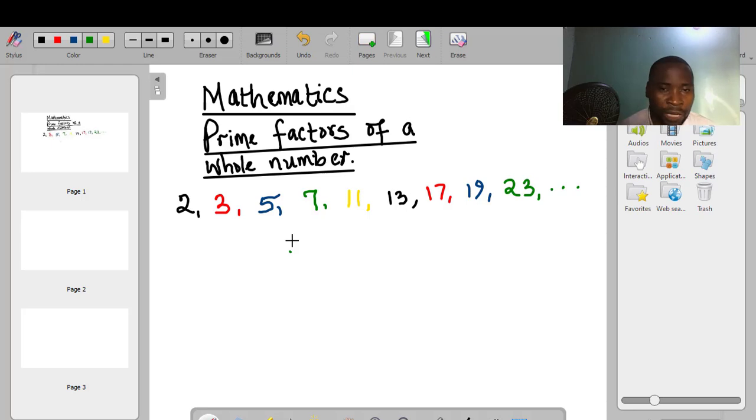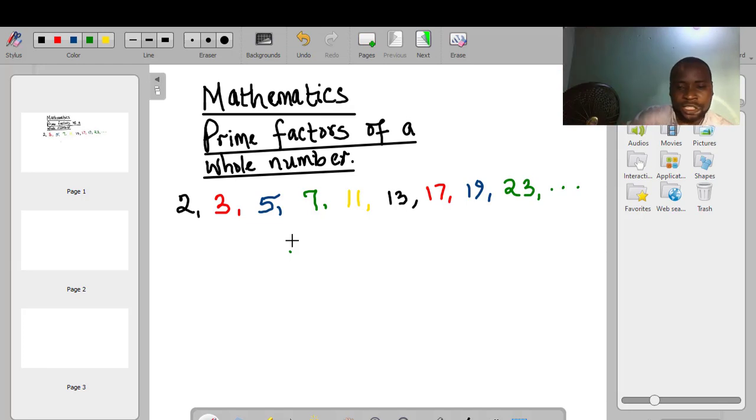There are plenty of them like that. So if you look at the numbers on the screen, you will agree with me that these are examples of prime numbers. Now we're going to take one more step from that and talk about prime factors of a whole number. Okay, let's get to business.